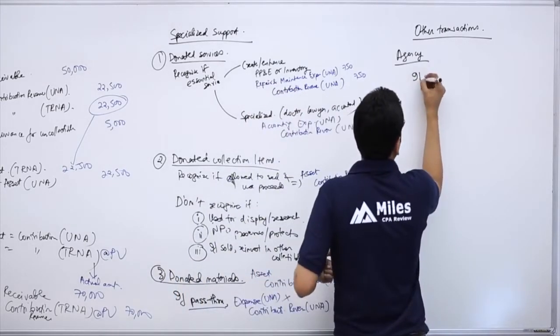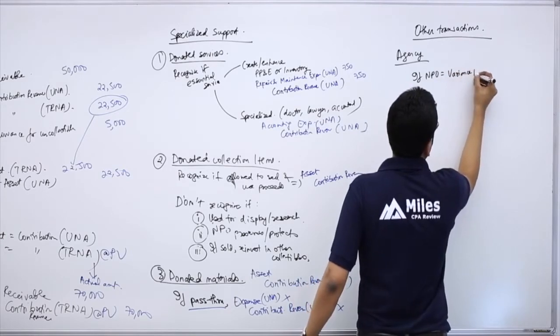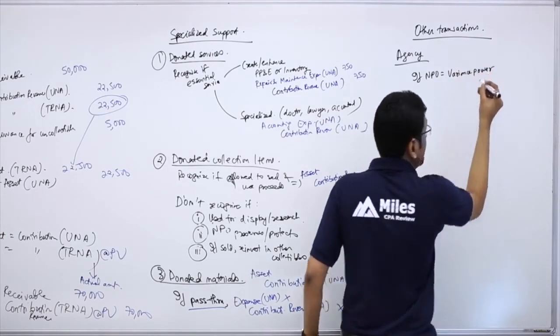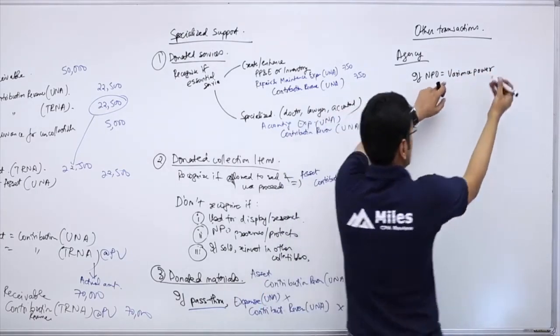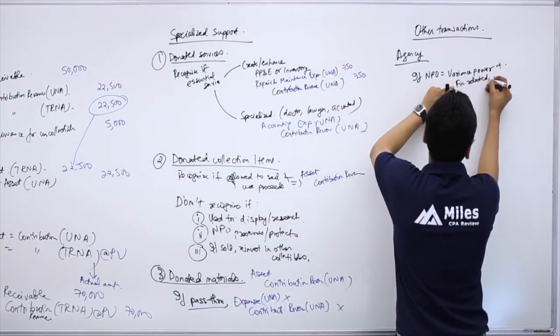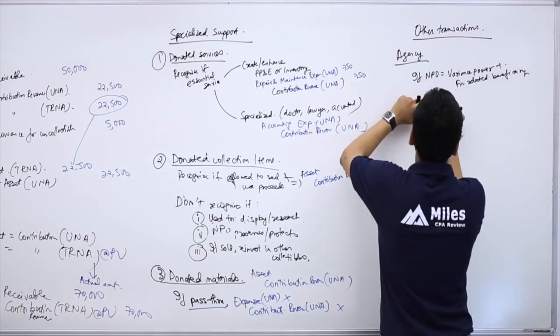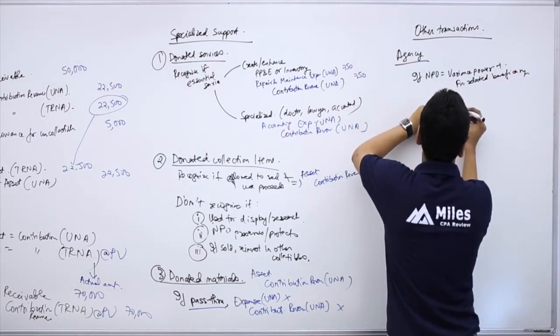So, if the NPO has variance power, it decides what to do with that cash, and it's for a financially related beneficiary, then it's cash coming in and contribution revenue.